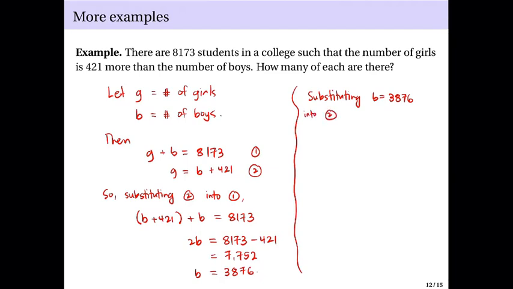We can use equation 2 because the G is already isolated. It's written in terms of B. So we will have G equals 3,876 plus 421. And this will be equal to 4,297.